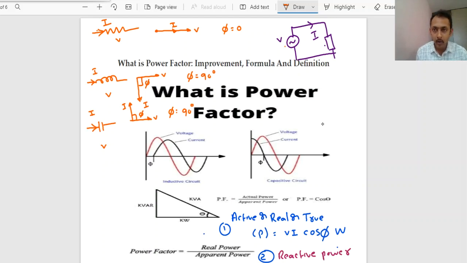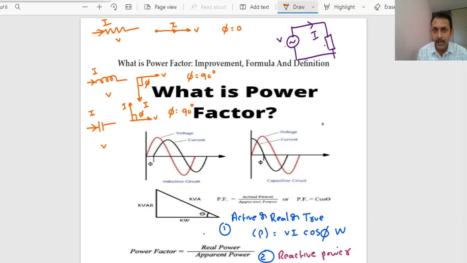The cosine of the angle between the voltage and current is called the power factor.